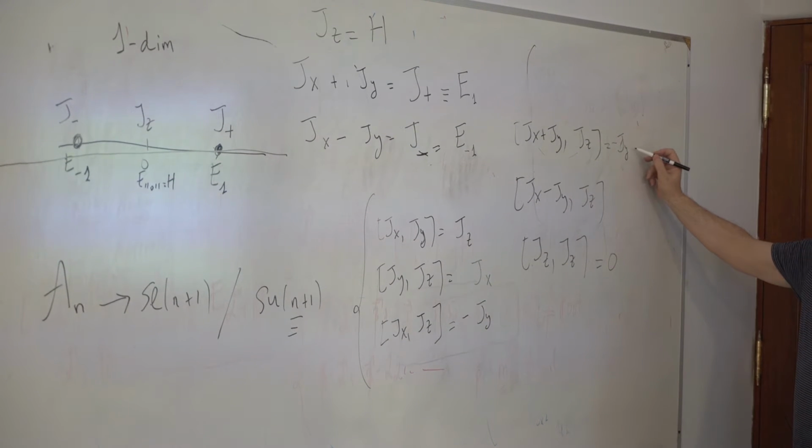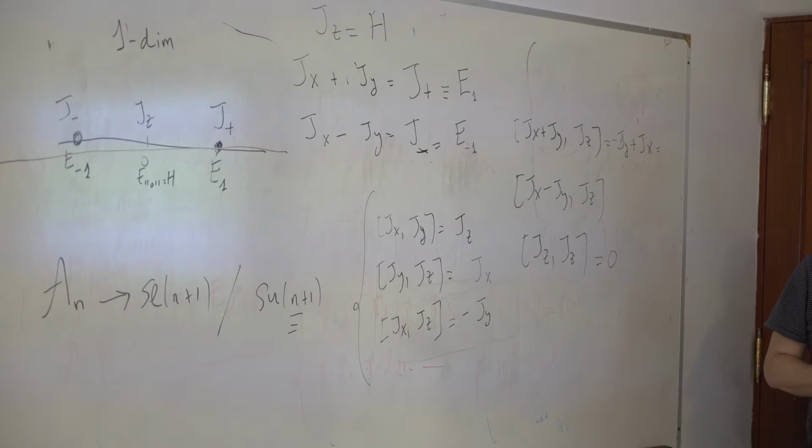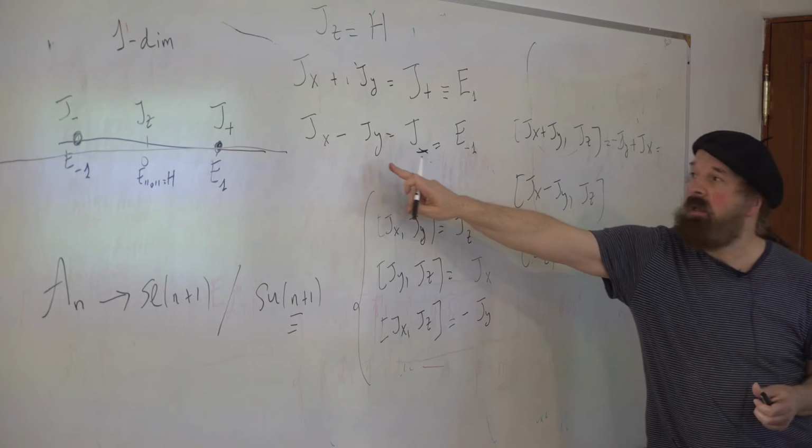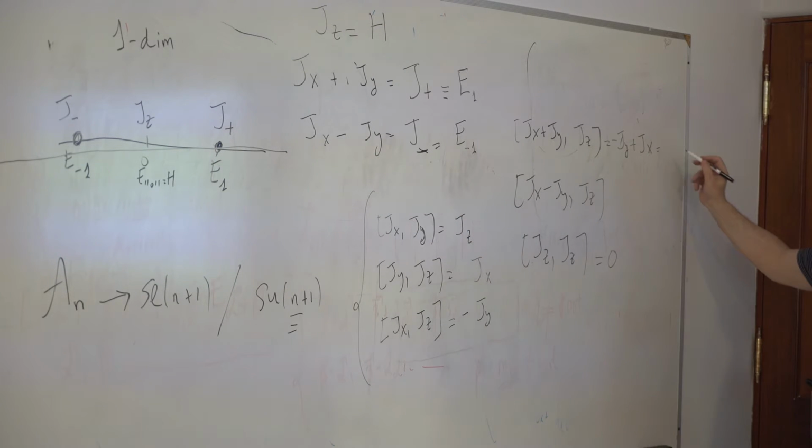So this is Jx minus Jy, and it looks like J minus, right? This is J minus.